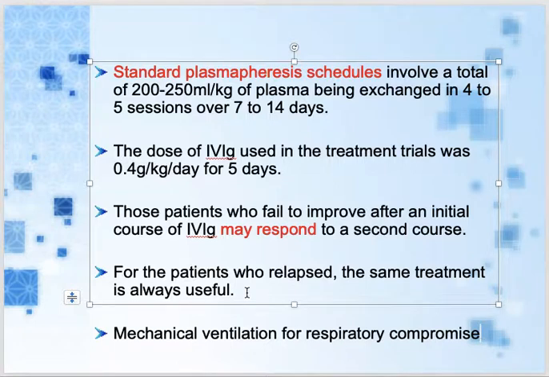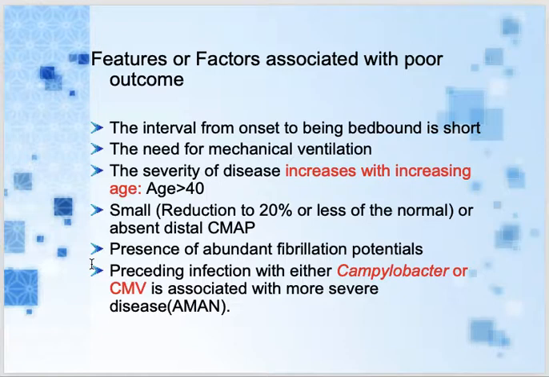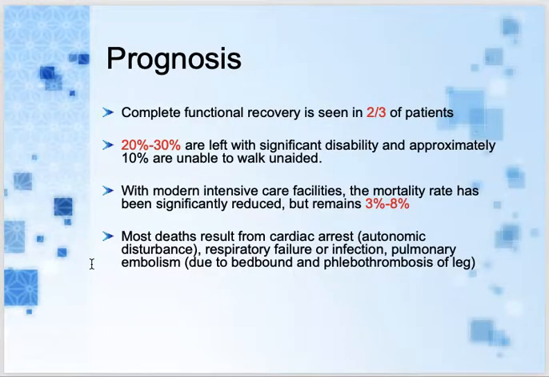They can move to the ICU, of course, if needed. So these are the things. Talking about the prognosis of the condition, guys, there are bad prognostic factors and good prognostic factors, but in simple words, 85% of the patients have full functional recovery within months to a year. The symptoms peak in 2 to 3 weeks, and resolution occurs within 4 to 6 weeks.